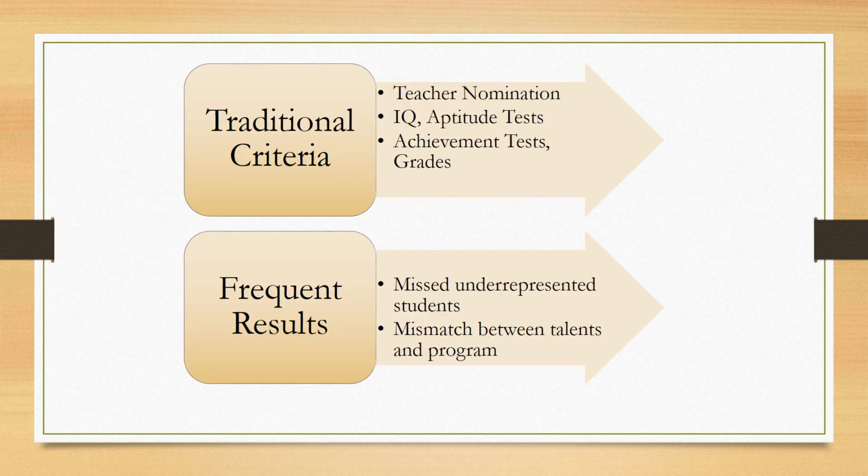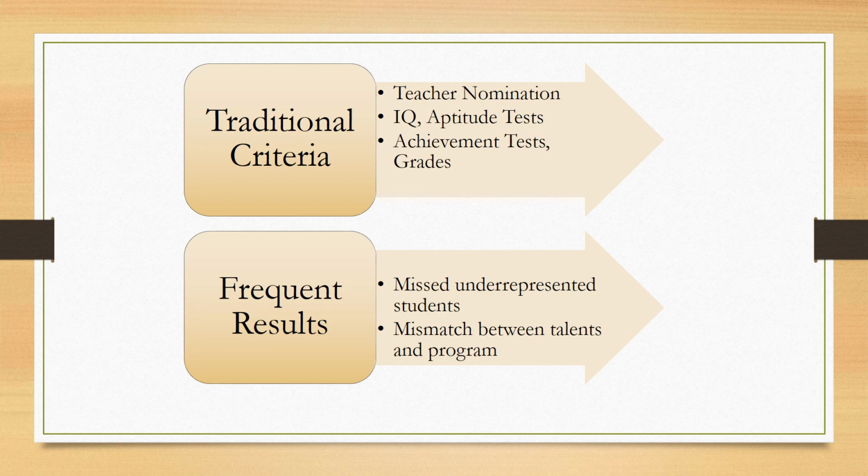So the way you identify gifted students is very important in the outcome. You can make certain adjustments and identify far more underrepresented students. Recall that the traditional criteria for identification are teacher nomination, IQ and aptitude tests, and achievement tests and grades. These are the three traditional areas for identification.